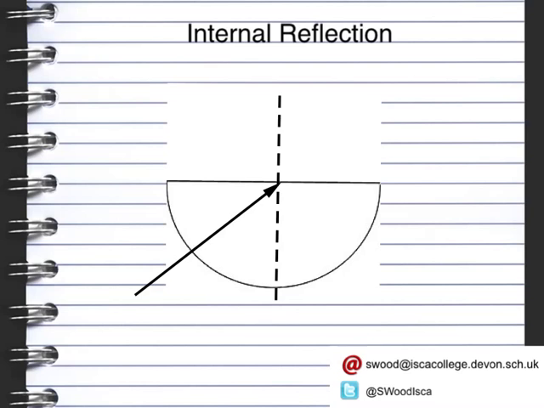Now if we just alter the line in which it comes in here, so we've now got the light, it's going to come through and we are going to get some refraction. Okay, so we get our angle of incidence here and then we get our angle of reflection here.